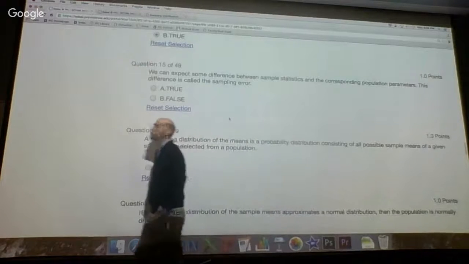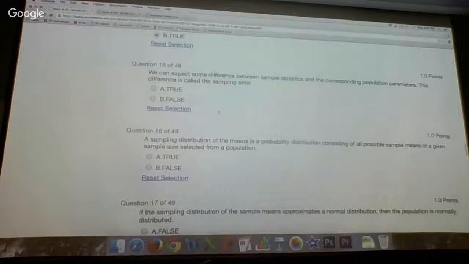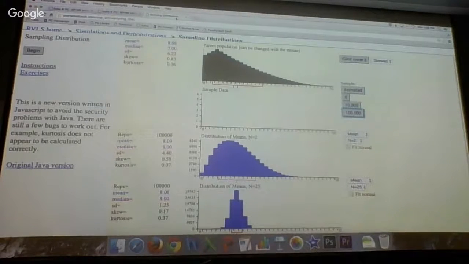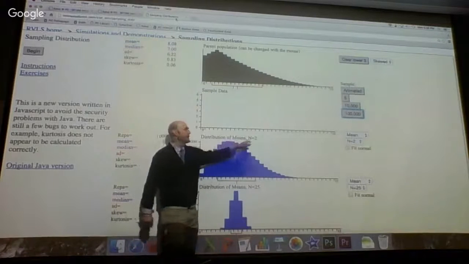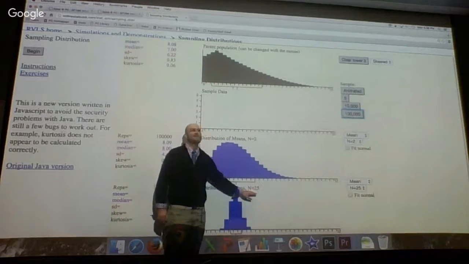The longer Pareto solution is one that's more like this. These are sampling distributions of the sample mean for sample size 2. This is a sampling distribution of the sample mean for 25.